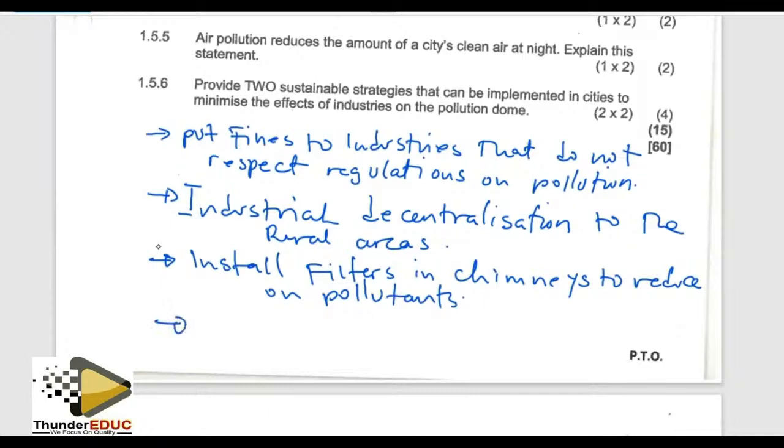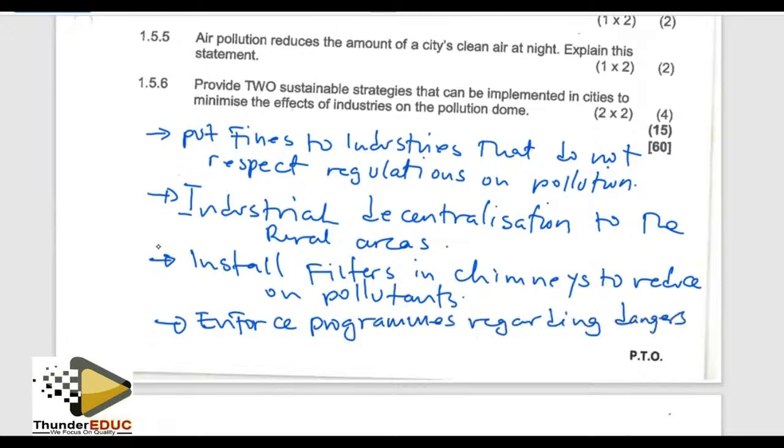Could say enforce programs regarding dangers of pollution.